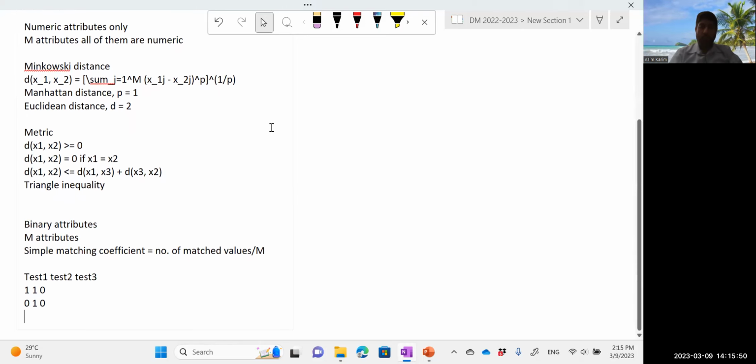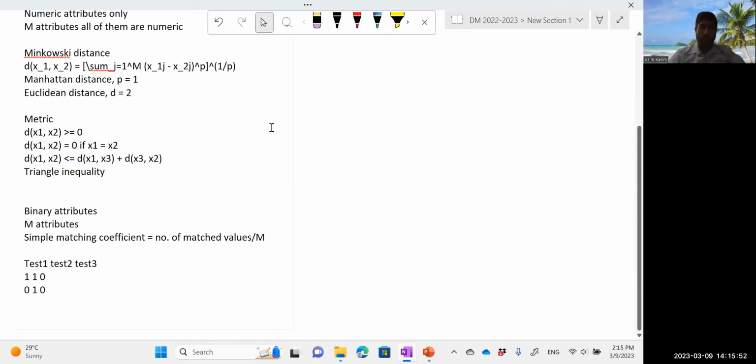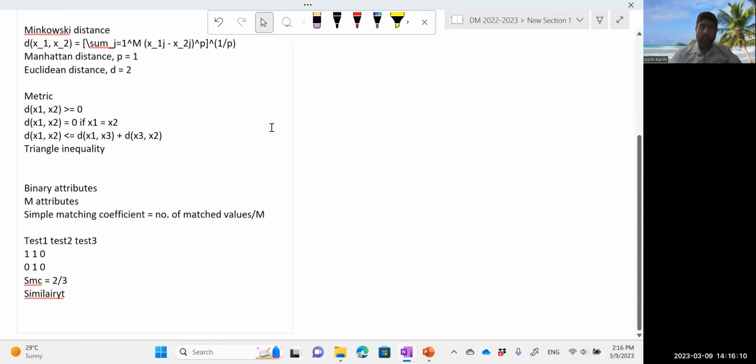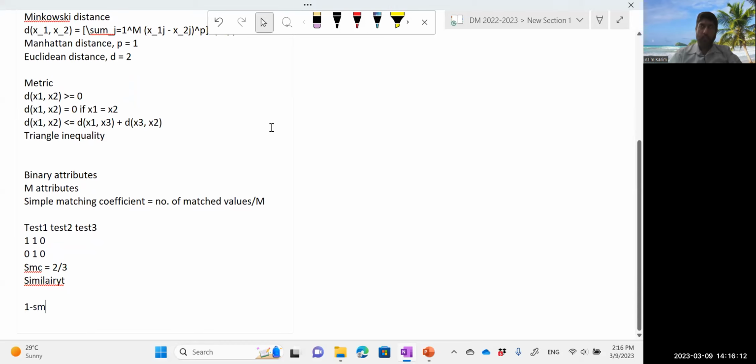So the similarity would be what is the matching between the two? There are two matches. 1, 1 matches and 0, 0 matches. And the total number of attributes is 3. So this will be 2 over 3. By the way, this is a similarity. If you wanted to compute dissimilarity, then it would be 1 minus SMC.